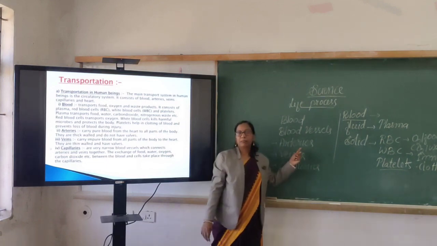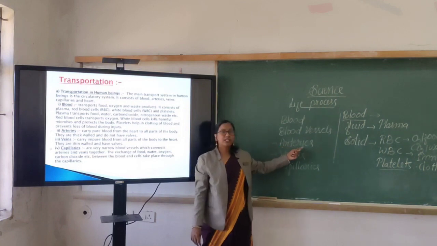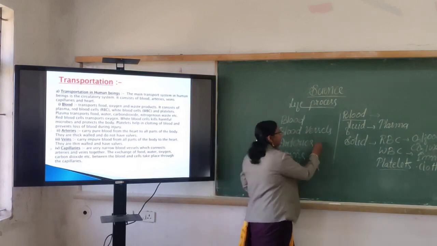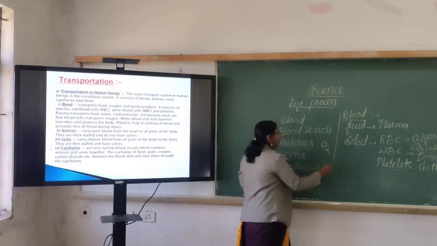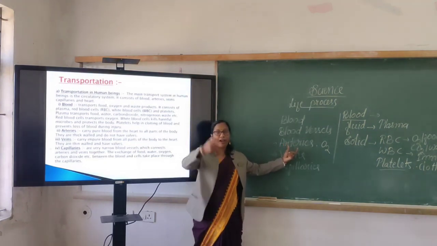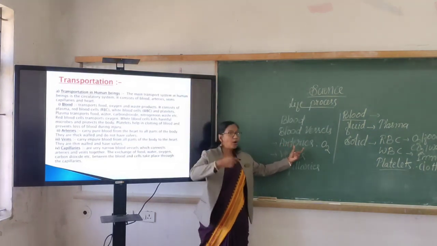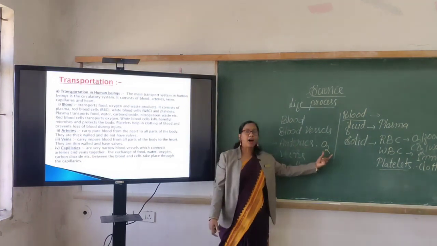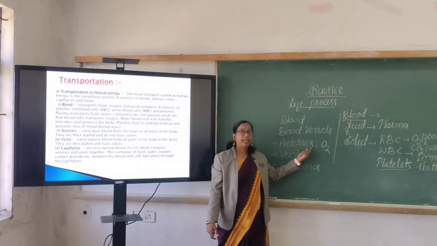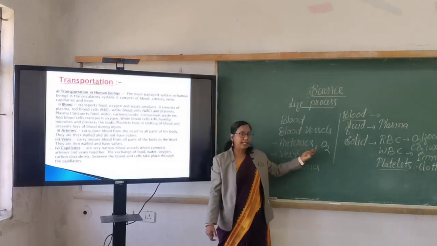Arteries are the blood vessels which carry oxygenated blood, meaning oxygen-rich blood. The blood goes to all the cells carrying oxygen, and that is why it is called oxygenated blood.